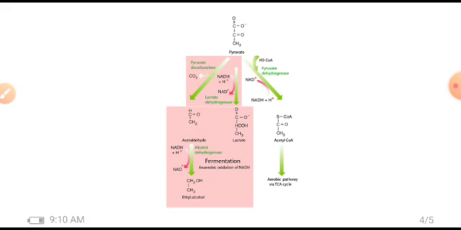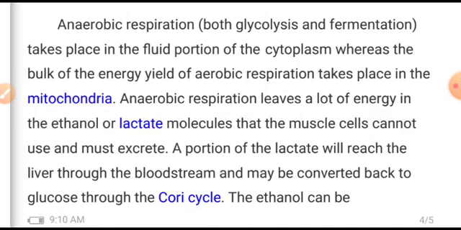Acetyl-CoA also enters the aerobic pathway via the TCA cycle. In aerobic respiration, glycolysis and fermentation take place in the fluid portion of the cytoplasm, whereas the bulk of the energy yield of aerobic respiration takes place in mitochondria.